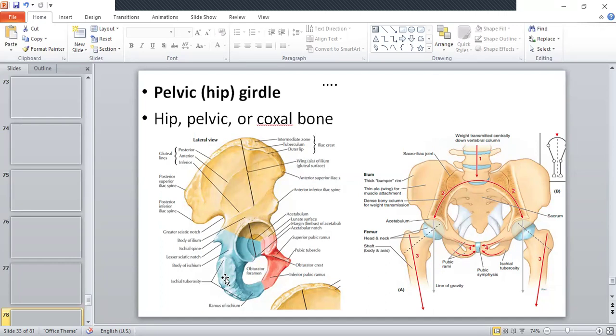That is what a tuberosity is, a roughened area. The ischiotuberosity is that part of the bone that is used to sit on.